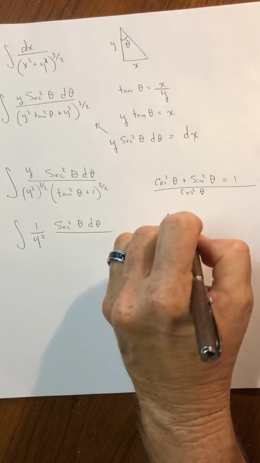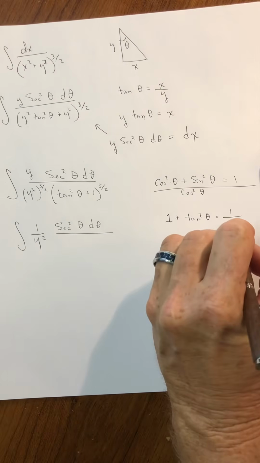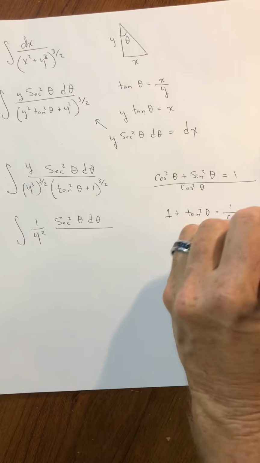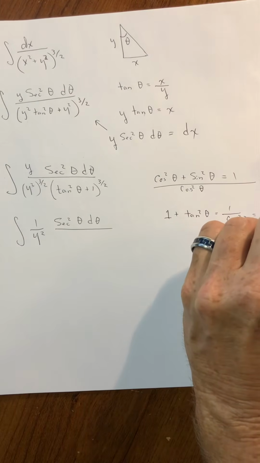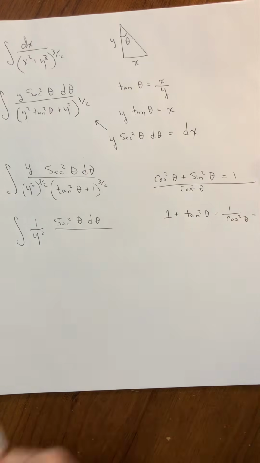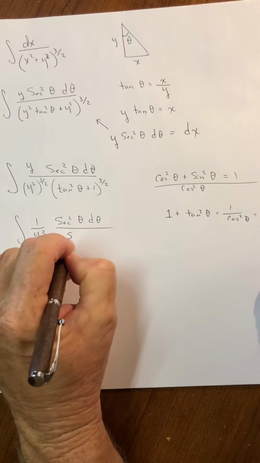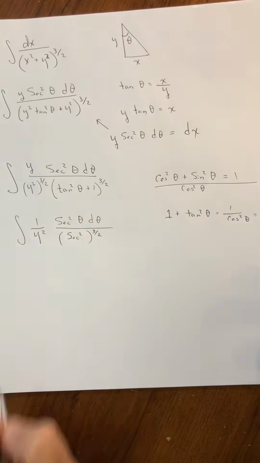Sine over cosine is tangent squared, and you get 1 over cosine squared, which we could write as a secant squared. So this really is secant squared raised to the 3/2 power.